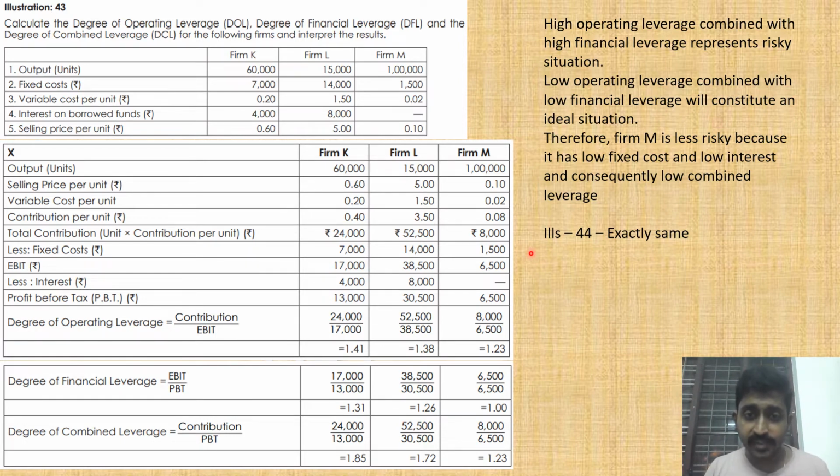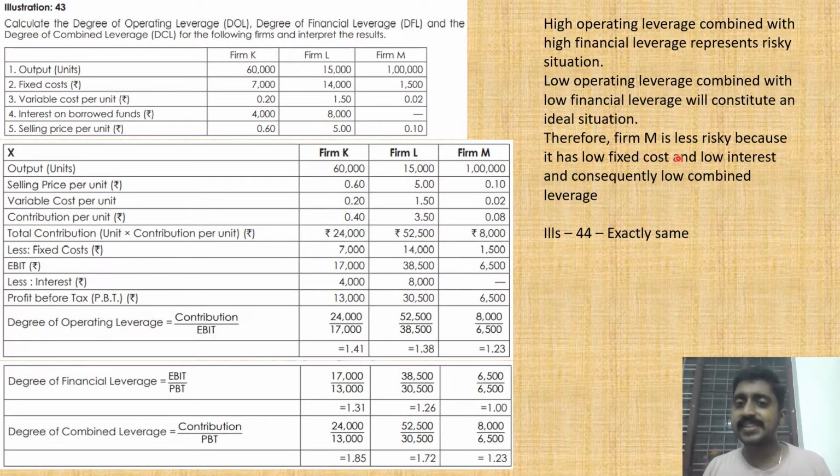From here you can see operating leverage is lower in this case, and financial leverage is also lower for the firm M. So firm M is having the lowest degree of operating leverage and also the lowest degree of financial leverage. Hence, of course, the combined leverage is also going to be the lowest.